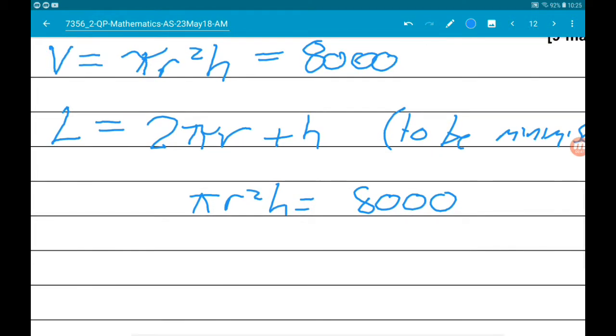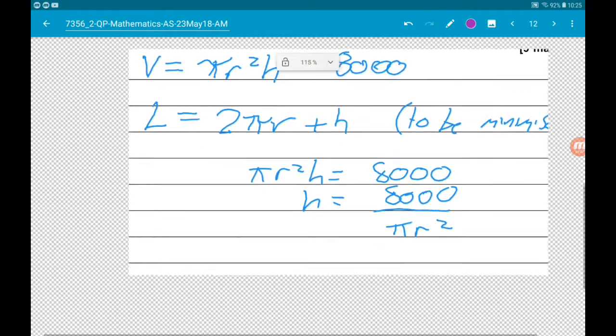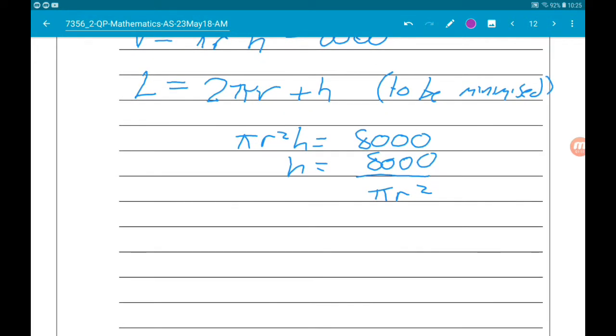So, h is 8,000 divided by pi r squared. So, let's rewrite our expression for the total length.